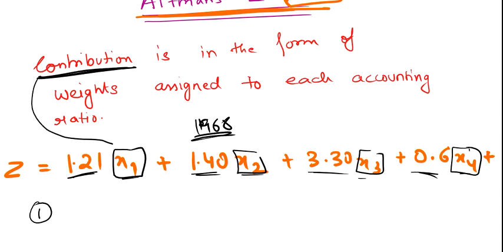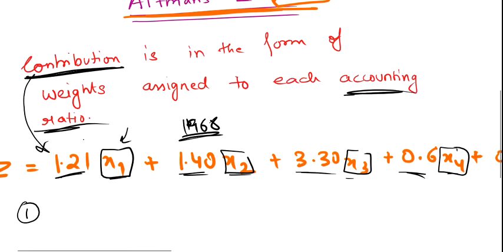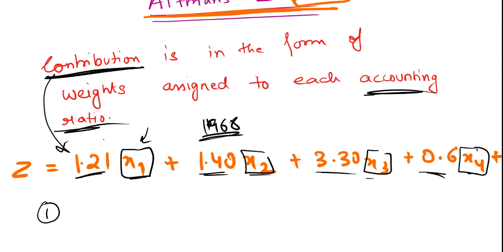Now see, I have said that which variable to include is completely dependent upon the contribution. And how will you see the contribution? This 1.21 is the contribution of this variable. Clear? Got the idea? And what are these x1, x2? These are nothing but our accounting ratios. It is not required that you learn it, but I prefer that you learn this small equation, because you will be more confident.